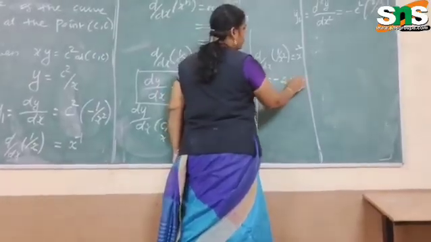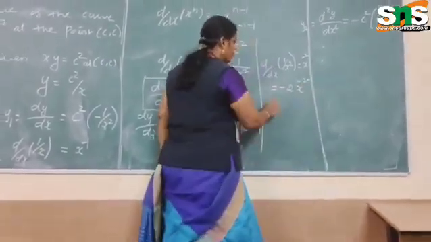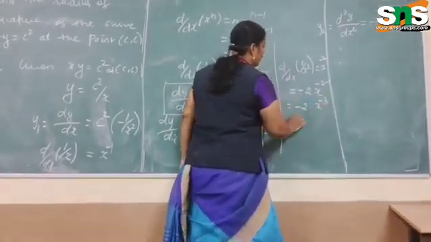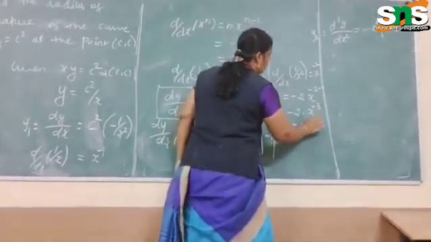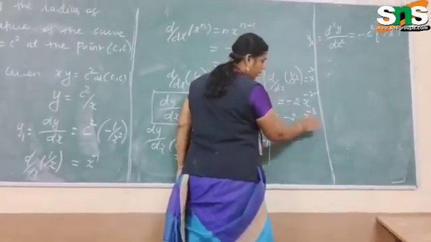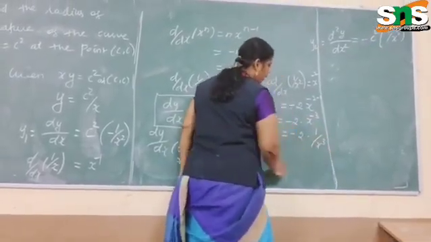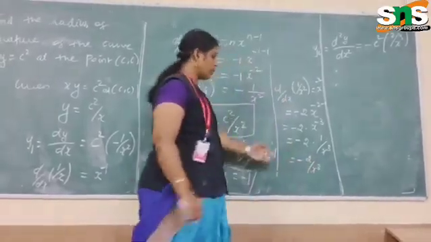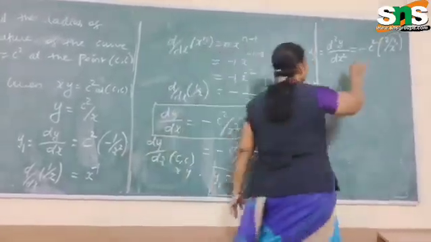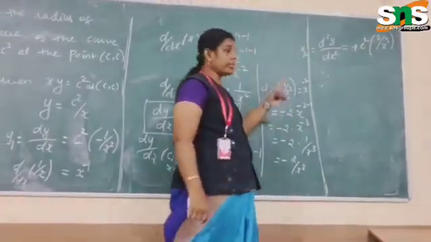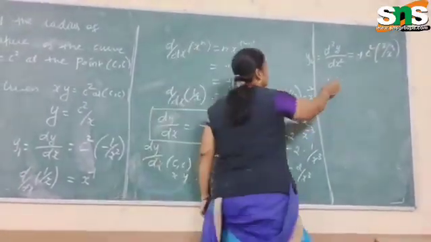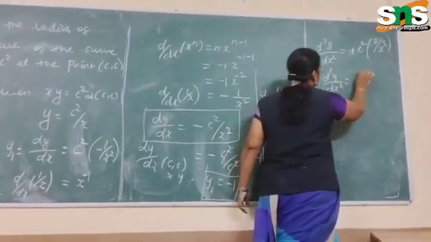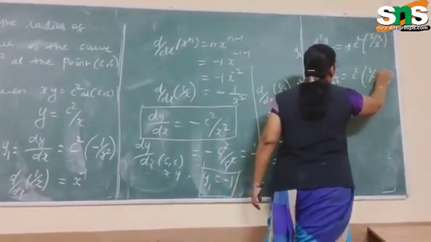Minus 2 x power minus 2 minus 1, which is minus 2 into x power minus 3. Minus 2 x power minus 3 can be written as minus 2 by x cube. Now substitute: we already have a minus, so it becomes plus. Then d square y by dx square equal to c square into 2 by x cube.